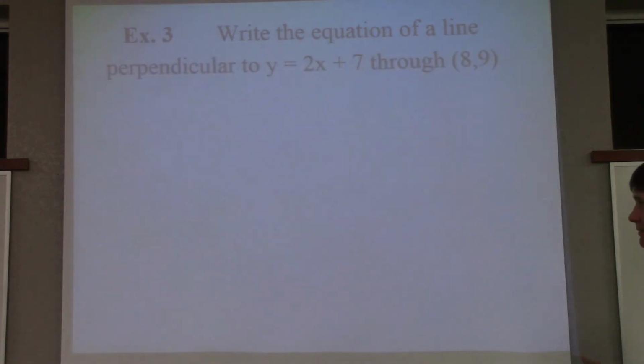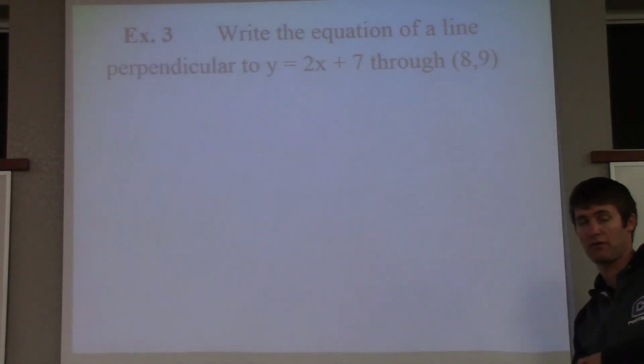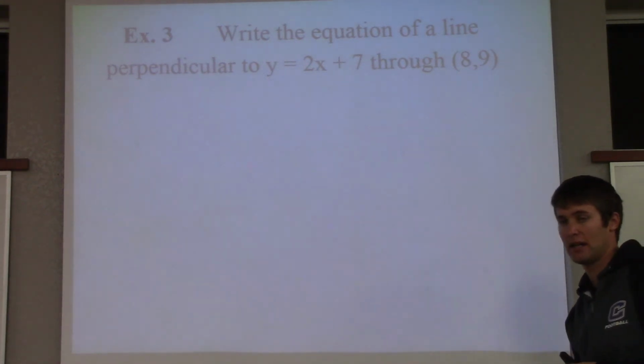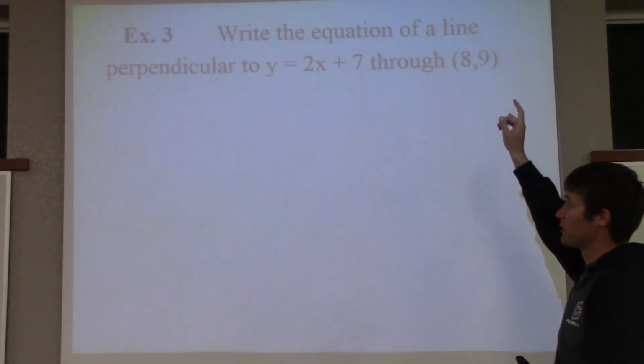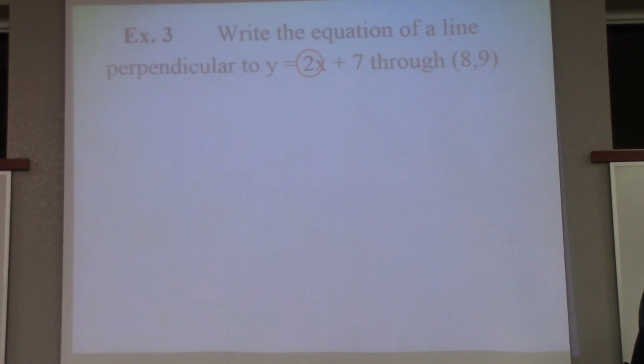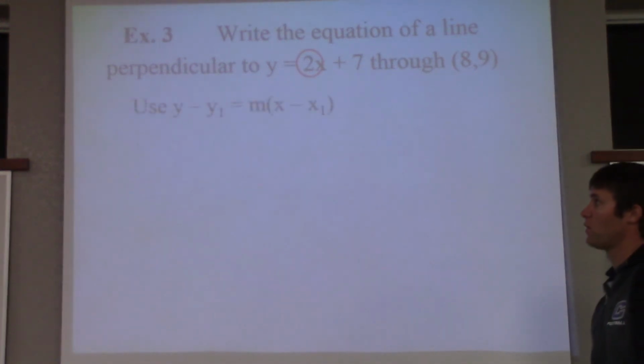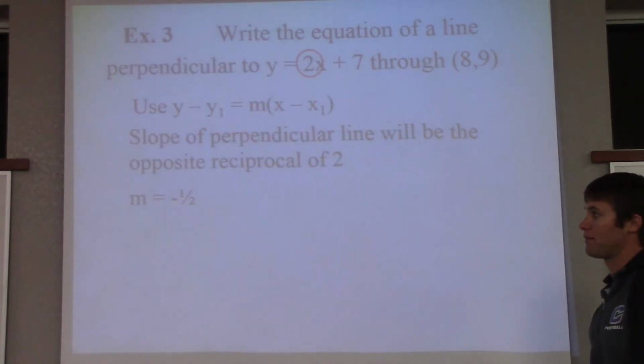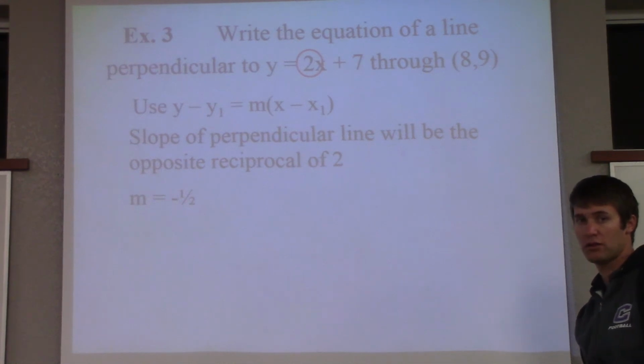Come to this one. Perpendicular. We want to find the perpendicular line that goes through the point given to us. First, identify our slope. The slope is 2. What is the opposite reciprocal of 2? Flip it and switch the sign, which would be negative 1 over 2.